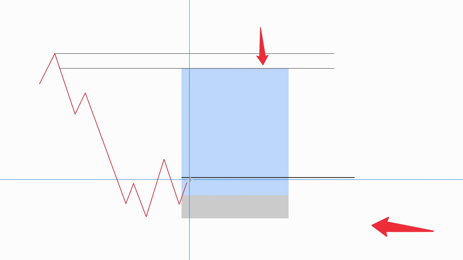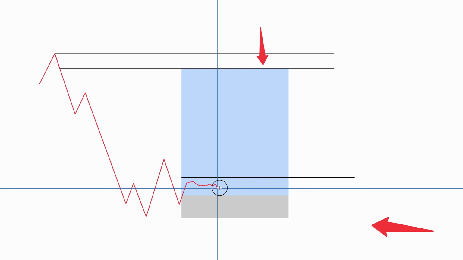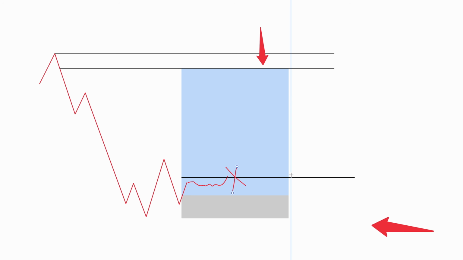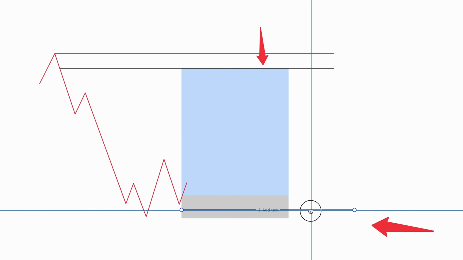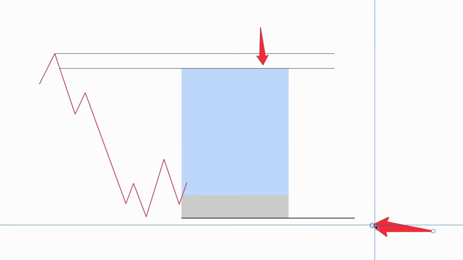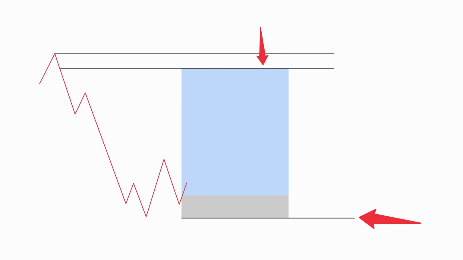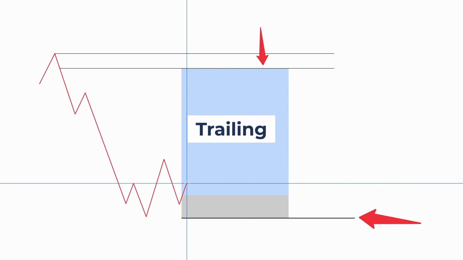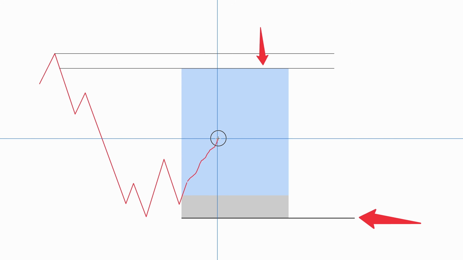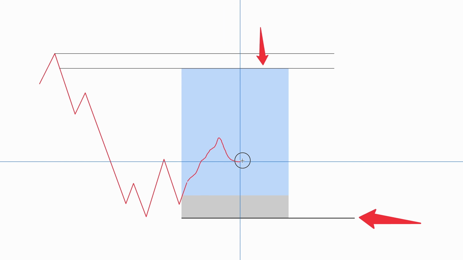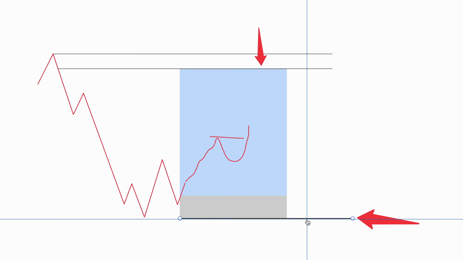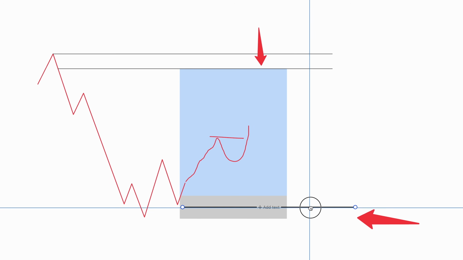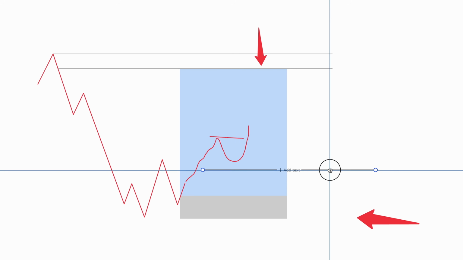Now, we can also move our stop loss into profit. Obviously, we can't do this if the market price is under where we would like to put the stop loss. But if a trade starts to move in our favor, we can actually utilize this ability to move stop losses by doing what we call trailing. So let's say this position moves in our favor up to this point, and then we start to create some new structure. What we could do in this instance would be move our stop loss up to follow the structure.